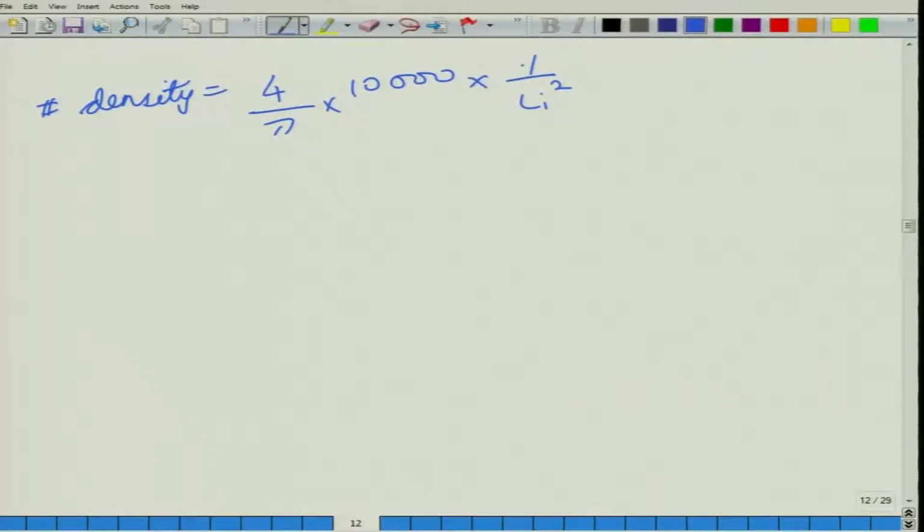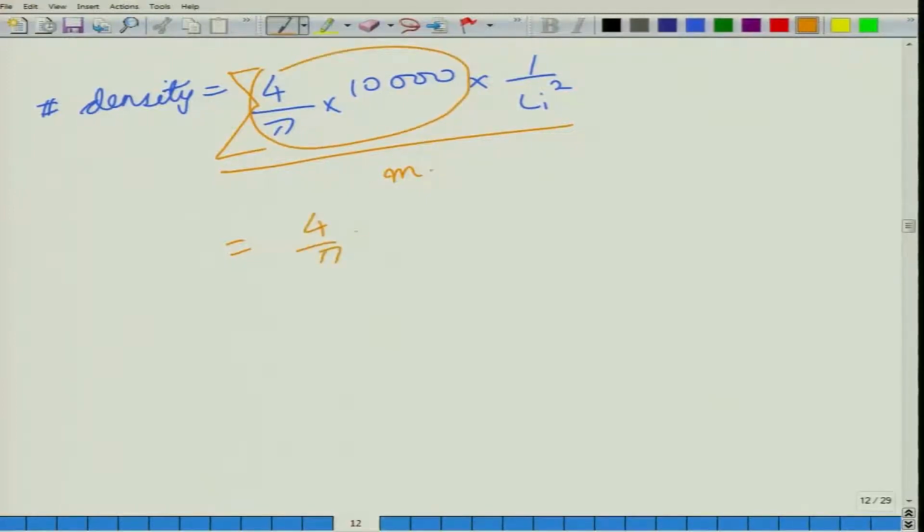So, in that case we will take an average. So, by taking an average we will sum up all these values and divide it by m. So, 4 by pi into 10,000 is a constant, so we can take it out of the equation. So, 4 by pi into 10,000 into sum of 1 over Li square into 1 upon m. So, that is our number density or the stand density when we have taken m observations.